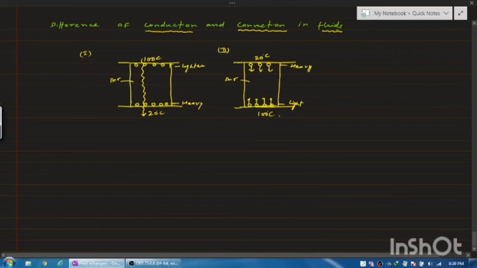And here again the heat is transferring from 100 degrees Celsius to 20 degrees Celsius, from higher to lower temperature.